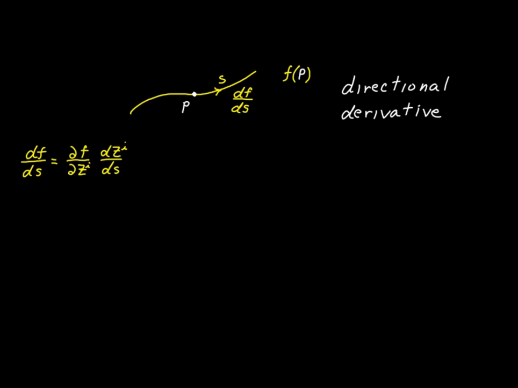Well, what do we have here? What we have is two factors. This one looks like a covariant vector component. In fact, it is, because you remember when we take a partial derivative of a scalar function, we get a covariant component. We've done that a number of times already. And this expression looks just the opposite.